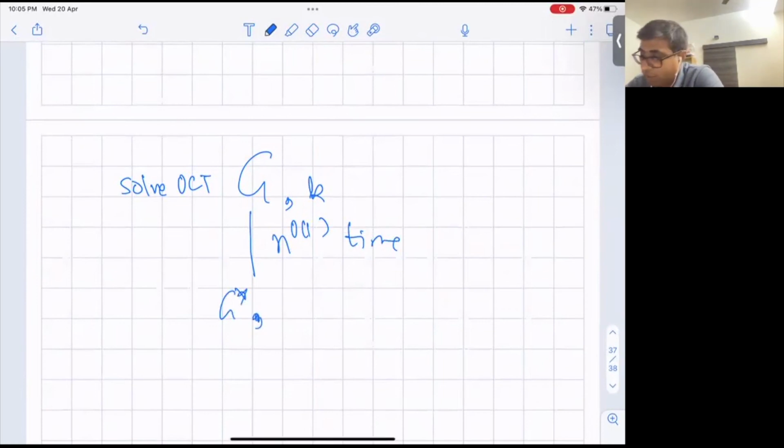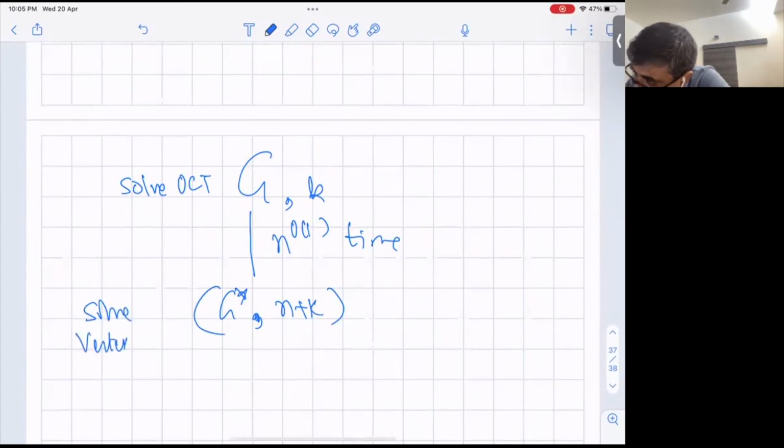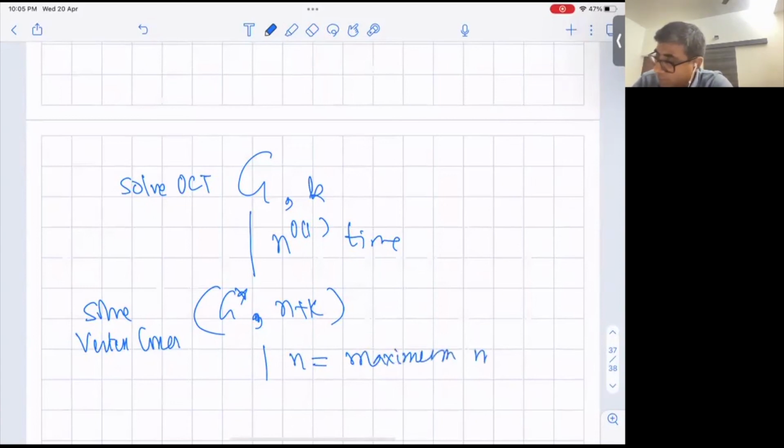You wanted to solve k, but now it becomes n plus k, solving vertex cover, where n is the size of a maximum matching.